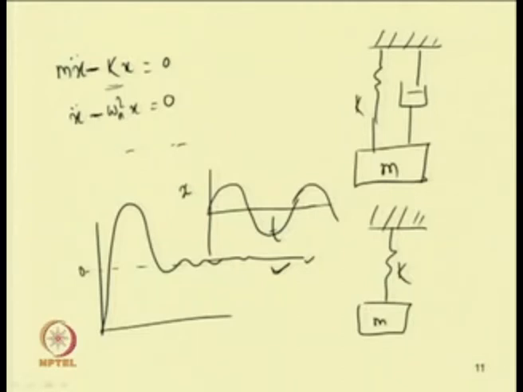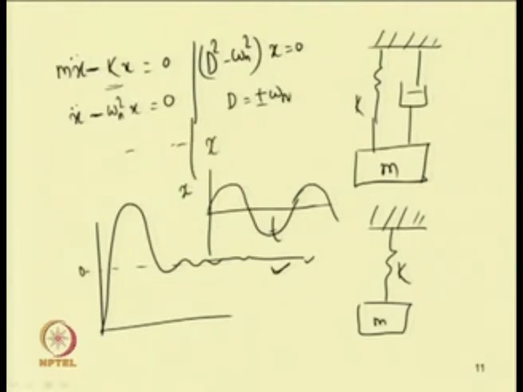In this case the auxiliary equation becomes D square minus omega n square equal to 0, so D square becomes omega n square, or D equal to plus minus omega n. So, the solution becomes x equal to C 1 e to the power omega n t plus C 2 e to the power minus omega n t.